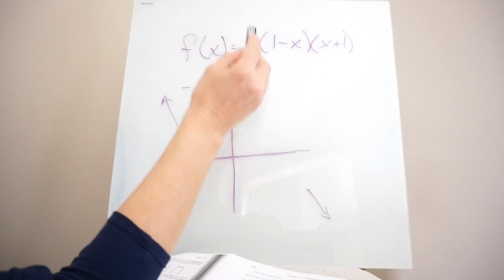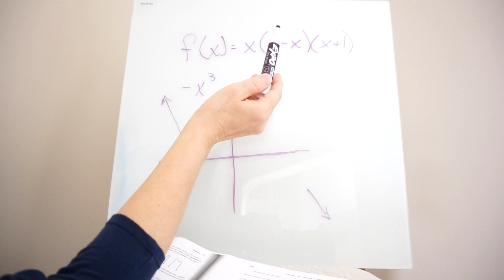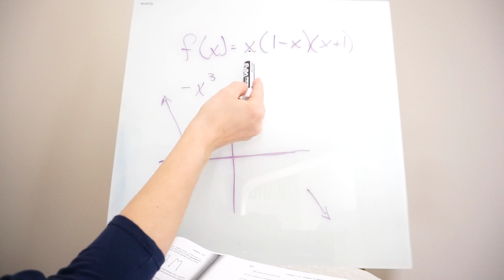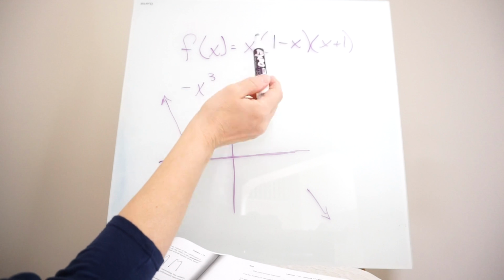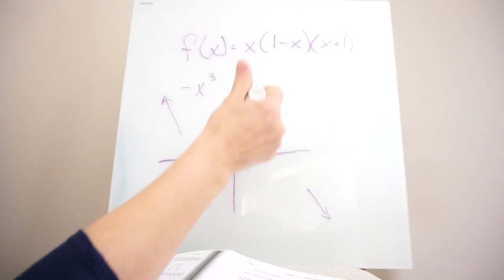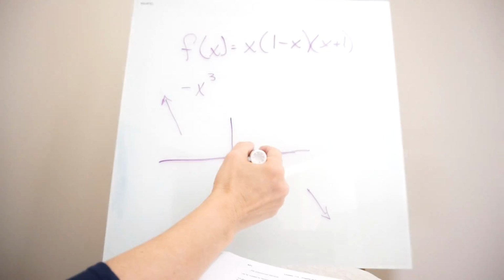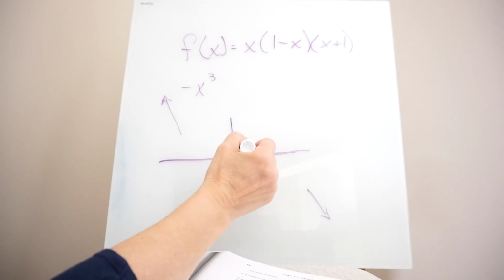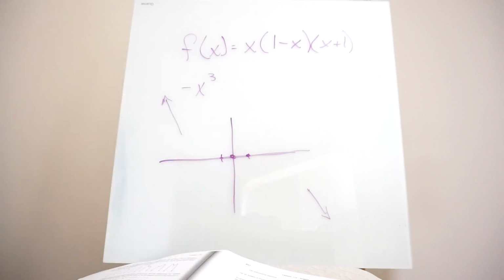Here we can also look at the zeros. When x is equal to 0, it's going to cross the x-axis. Also at positive 1, and also at negative 1.